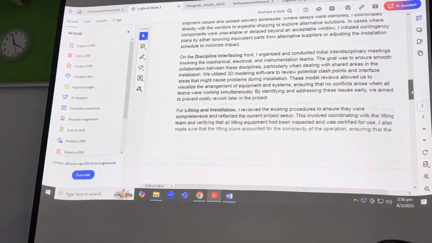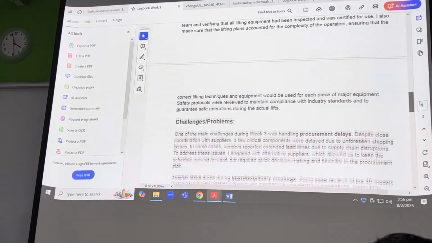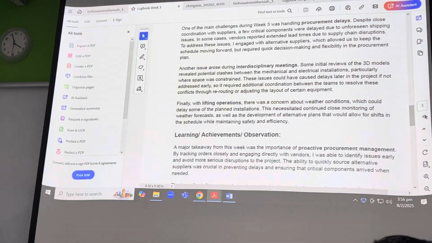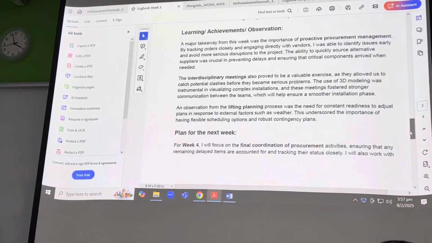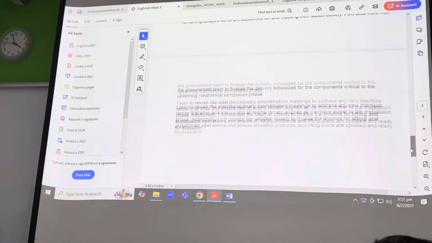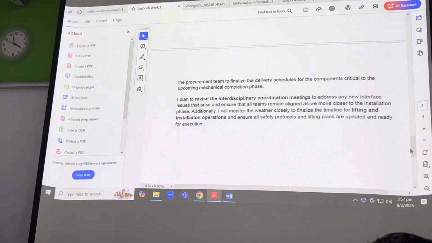Maybe it's too confidential. I don't know. But finally, he gave one Gantt chart towards the middle of the logbook to illustrate what he actually does. So till the end, I still couldn't figure out what his role was until the last part. So he's more on the project management.